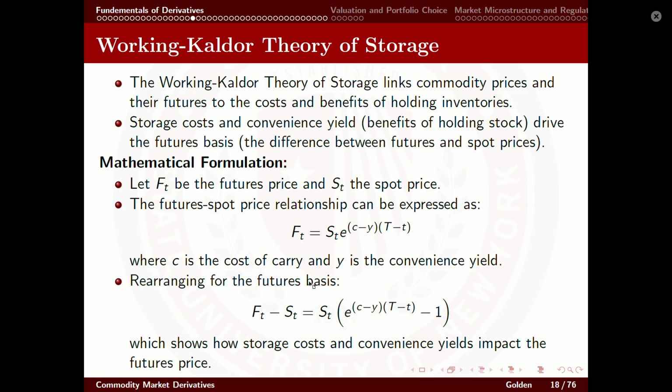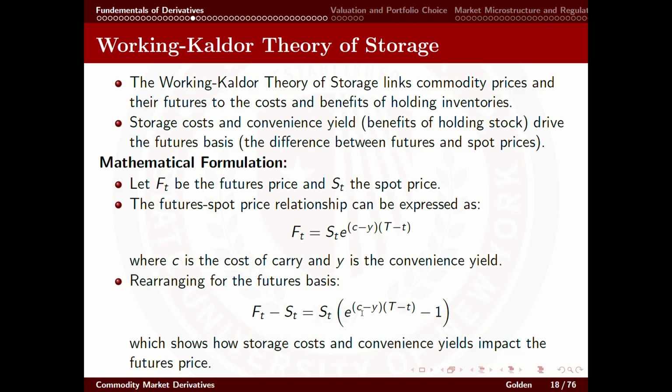So if you rearrange to solve for basis, you get F of T minus S of T equals S of T times the same exponential term, minus 1, which subtracts out the spot price. This shows how storage cost and convenience yield impact the futures price.